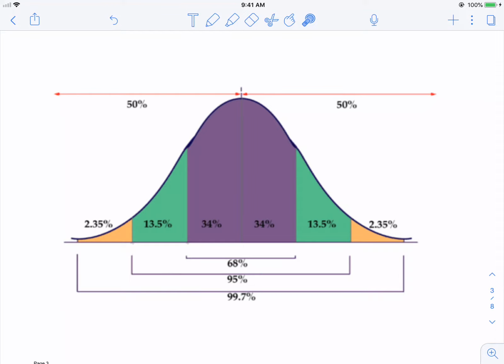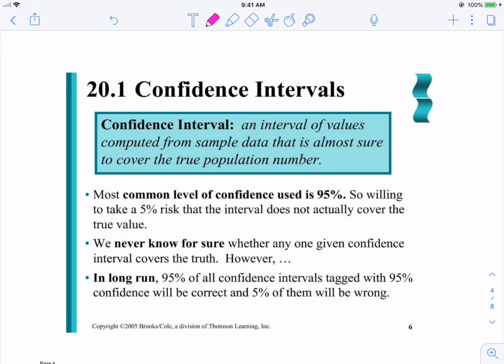If you're 95% confident, okay, 95% is like 19 out of 20 times your value would be within that interval. So that turns out to be a pretty good estimation, or a pretty good rate for success. So most of the time we're going to use a confidence interval at that 95% level.